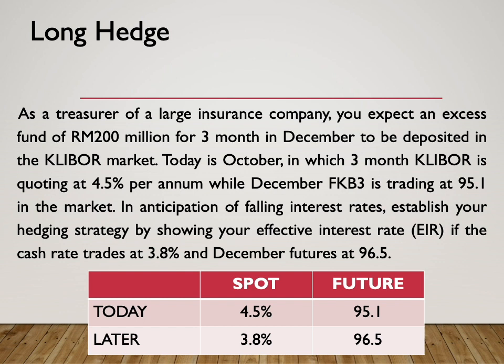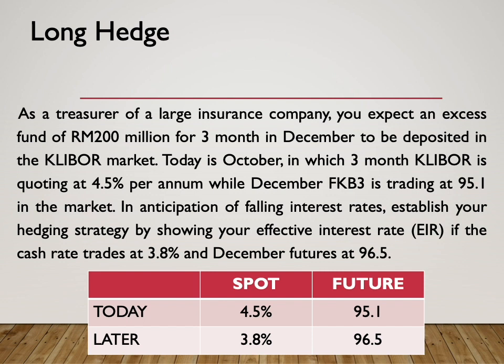You're going to have that extra cash in December and you plan to invest it for 3 months. 3 months here means you start to invest your money or you lend out your money in December and you expect your customers to pay back the loan in February. 3 months, December, January, February. So your trading objective here is to deposit or to lend out your money in December. So we use long hedge strategy.